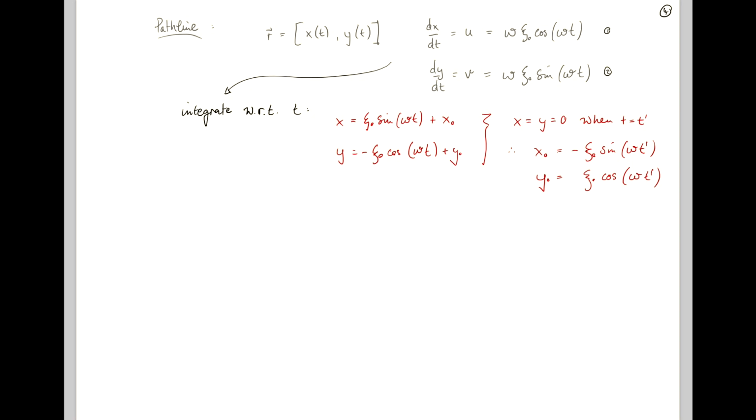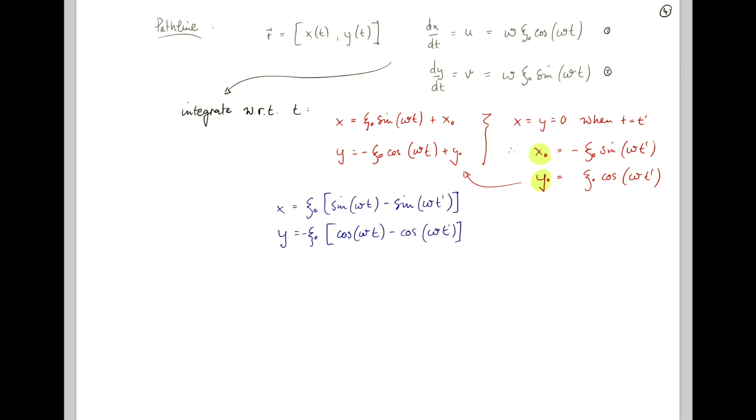So we plug our expressions for x0 and y0 back into our equations for x and y, and we get x equals psi 0 times sine omega t minus sine omega t dash, and y equals minus psi 0 times cos omega t minus cos omega t dash.